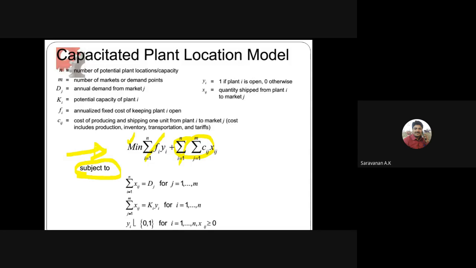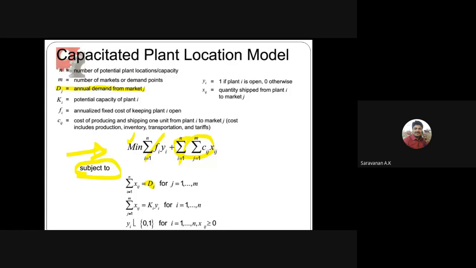Here we have three constraints. Whatever the model may be, it will be subject to some constraints. The first constraint is that the demand at each location or regional market will be satisfied. So what is Dj? Dj is the annual demand from the market.